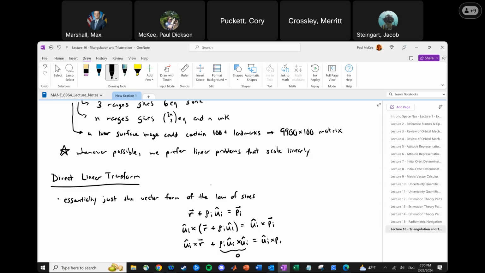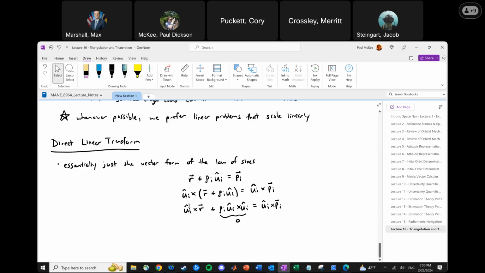So we're left with u_i crossed p_i. You might say, okay, fine, but how in the world are we going to break out r, right? r is what we're trying to estimate, but it's in the middle of a cross product operation. Well, remember that a crossed with b can also be written as a cross times b, where this is the cross product matrix.